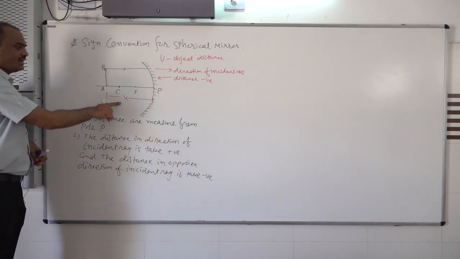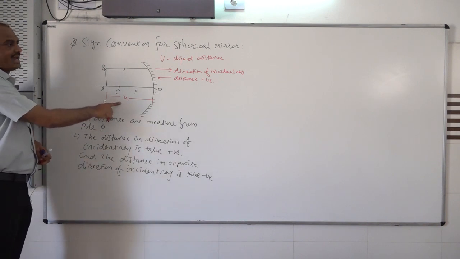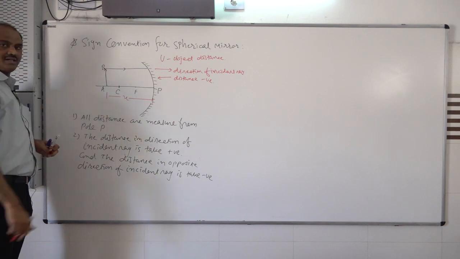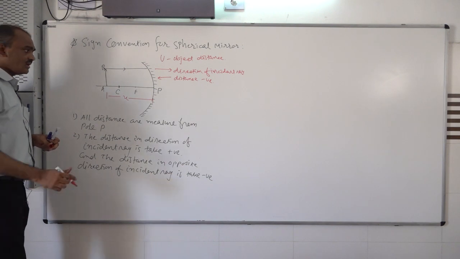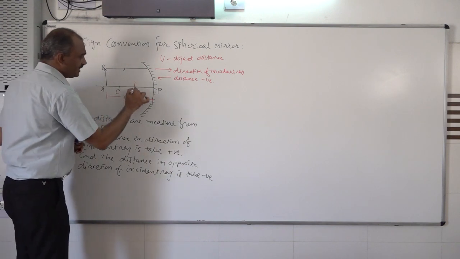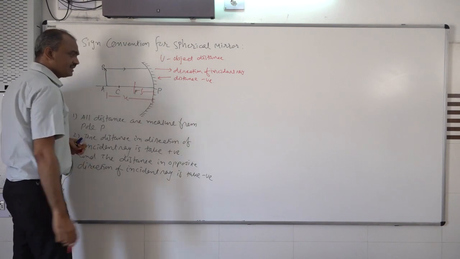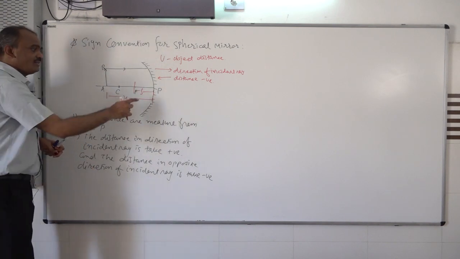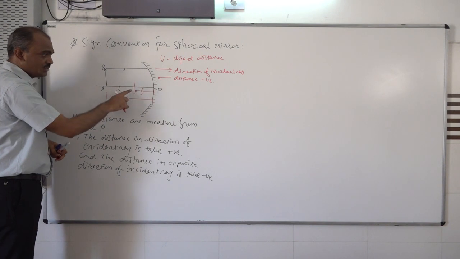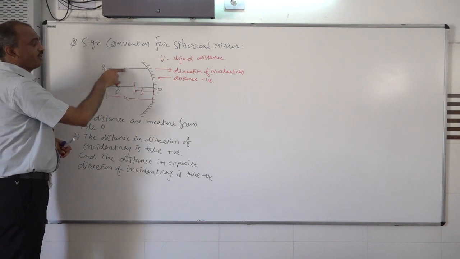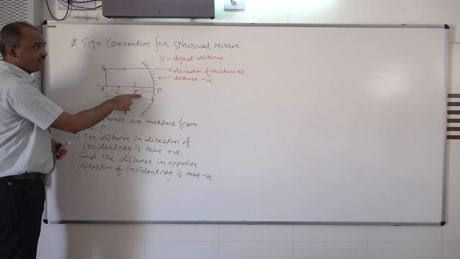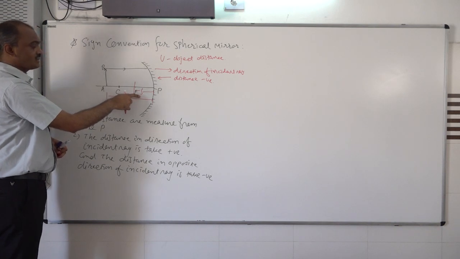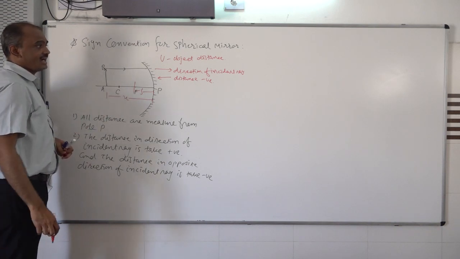So here u is negative. Similarly, the focal length f is also a distance measured from P to F. This is also opposite to the direction of the incident ray, so f is also negative.